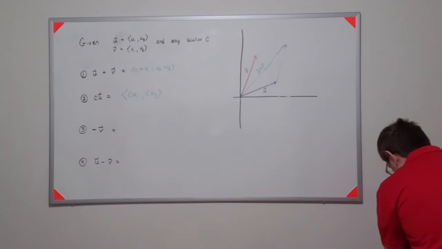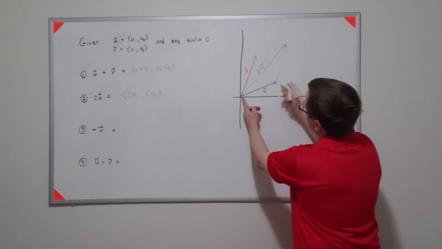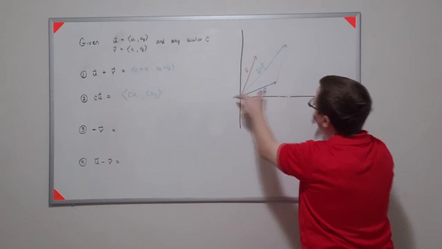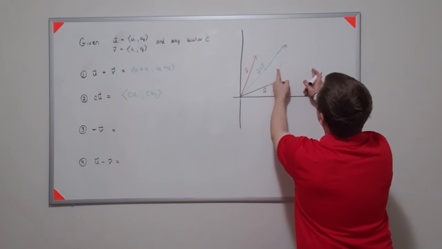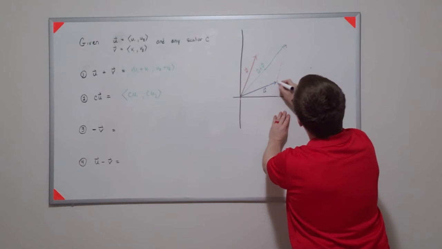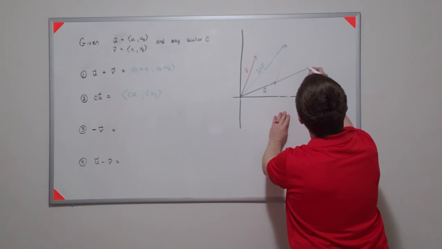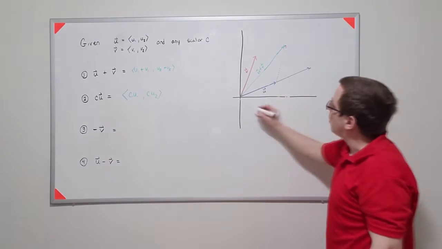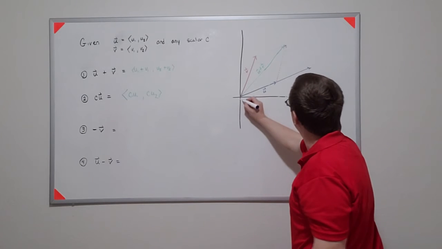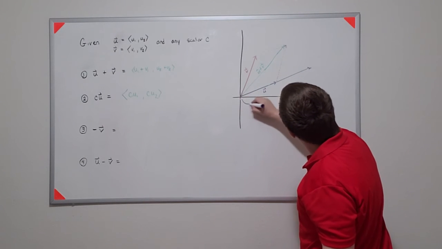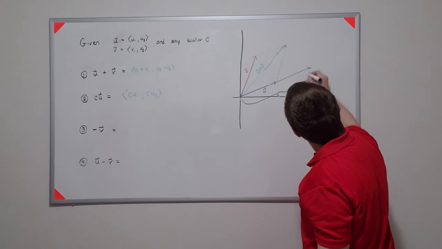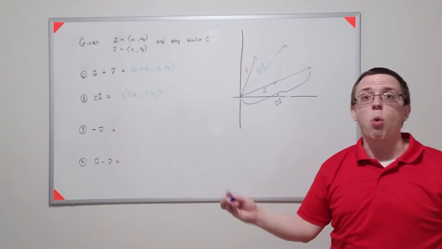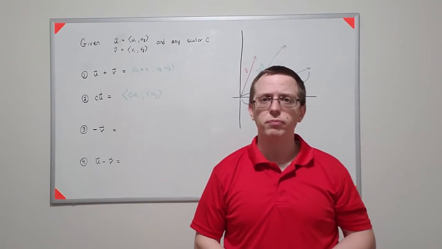So if I were to take the vector u and add it to itself, right? So this vector will be 2u, right? Because it's twice the vector u.